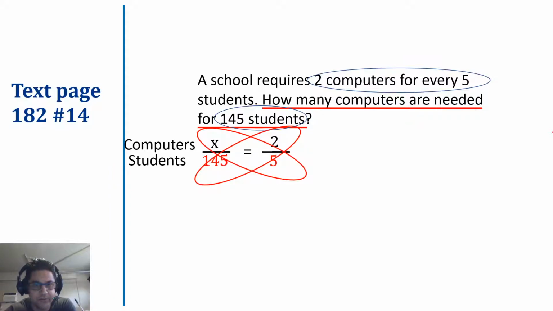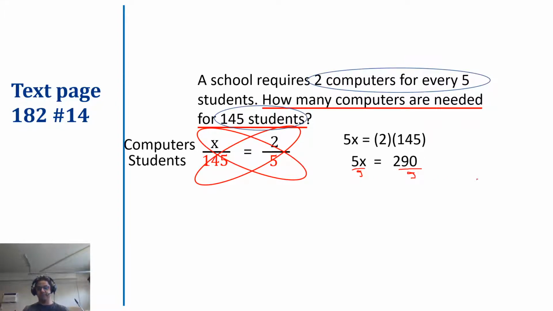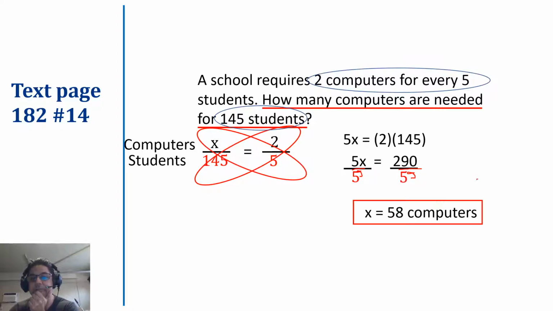I always start with the variable part. So again, the diagonals, x times 5 is 5x. 145 times 2 is 290. If I divide by 5, then I'm going to find out: 58 computers.